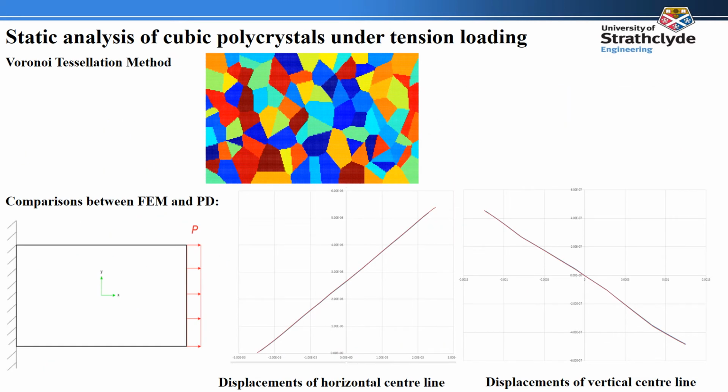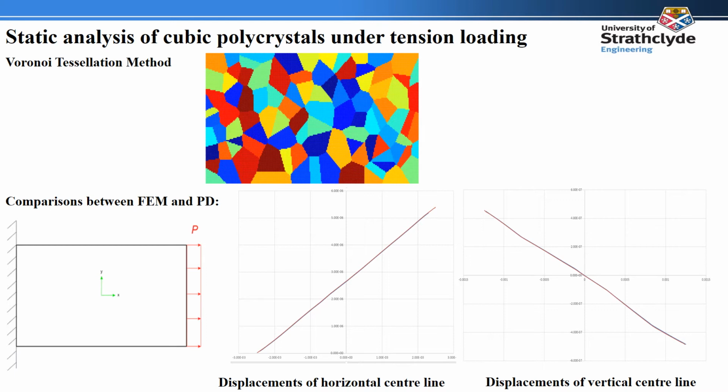The polycrystals are generated by the Voronoi tessellation method. The seeds will be randomly spread through the plate, and by judging the distance from the peridynamic points to these seeds, each peridynamic point will find its specific grain. Here is an example for proving the accuracy of our model.